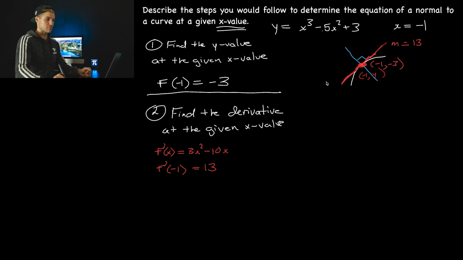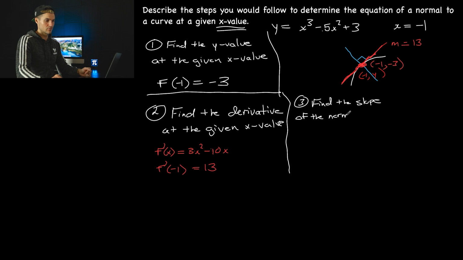Now, what's step 3 going to be? Let's split these up here. Step 3 would be find the slope of the normal, which is the negative reciprocal of the value found in step 2.